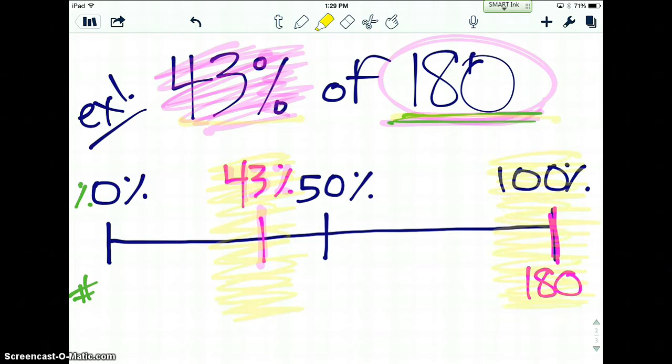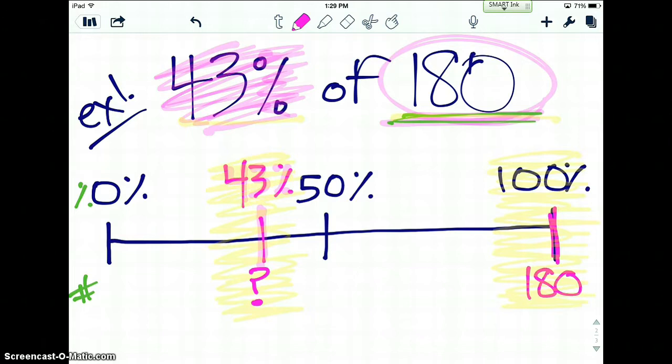Okay? So right from there, I see I have something I could set up mathematically to figure out this answer. And I'm just going to put here question mark. That's what we're trying to find. We're trying to find what 43% is worth.